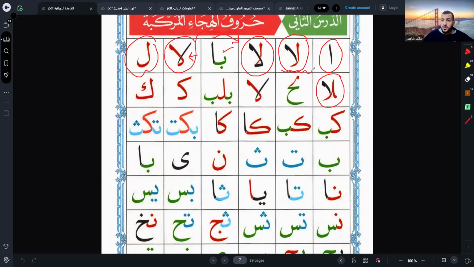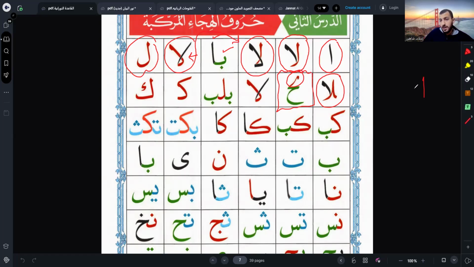Here it comes to this one, which is a little confusing. We have here two letters on top of each other. As we said last time, always the top letter comes first, which is the Lam here. Sometimes we're going to find the Lam written on top of some letters.